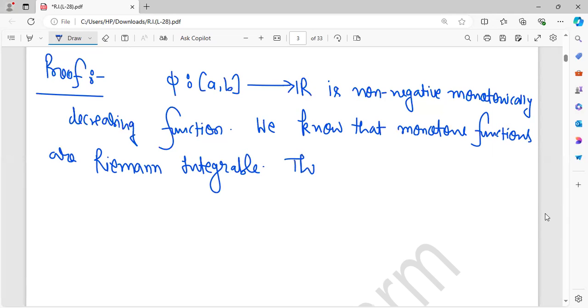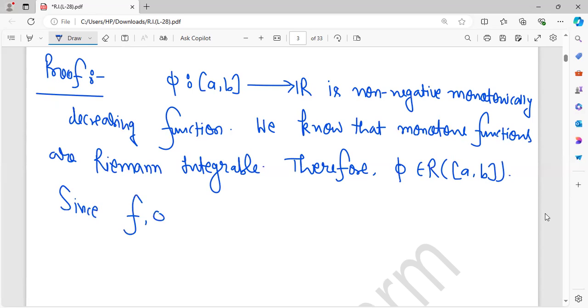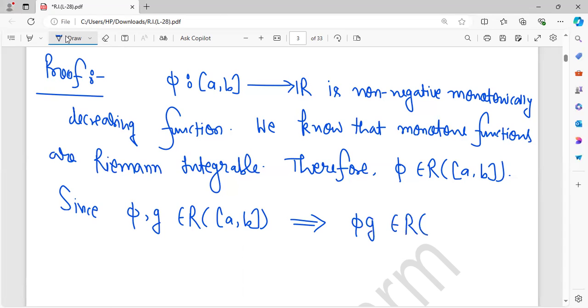Therefore, phi belongs to R[a,b]. Since g and phi belong to R[a,b], this implies phi times g belongs to R[a,b].